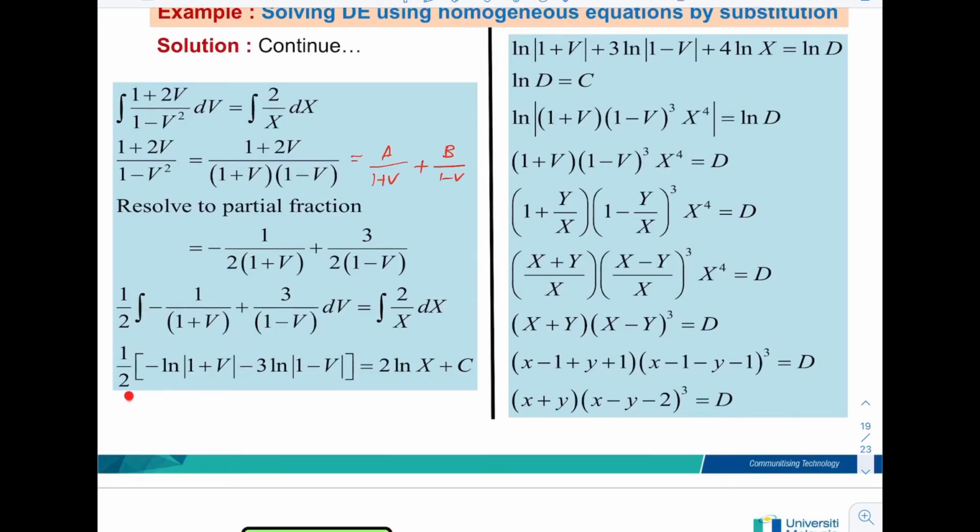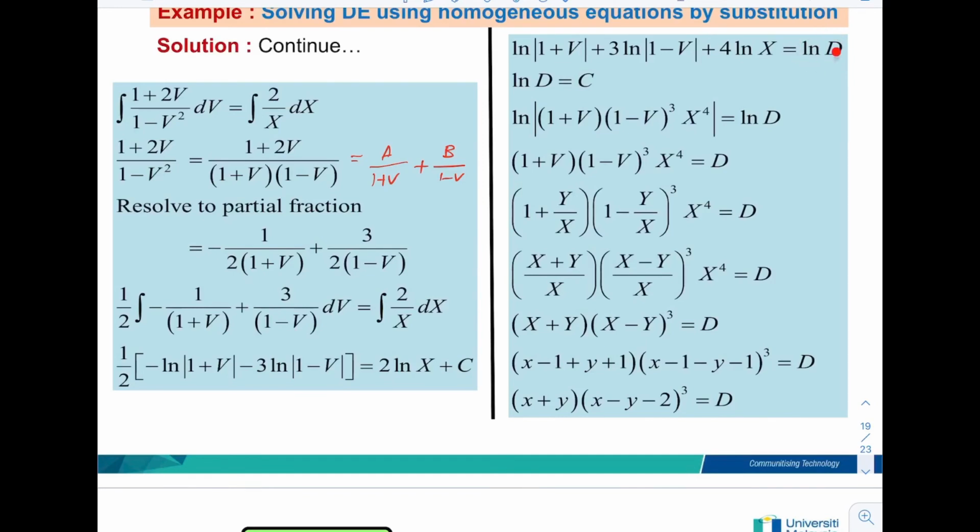Clearly we will have half bracket, minus ln(1 plus v), minus 3 ln(1 minus v), equals 2 ln X plus c. Over here, it is advisable to simplify, and then we will have this one, with ln(1 plus v), ln(1 minus v), ln X, ln D.